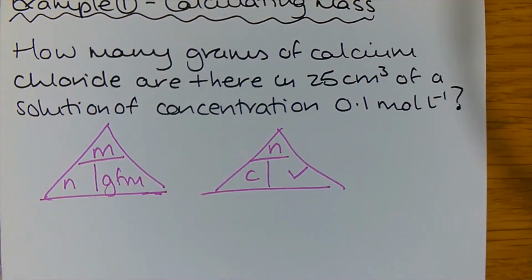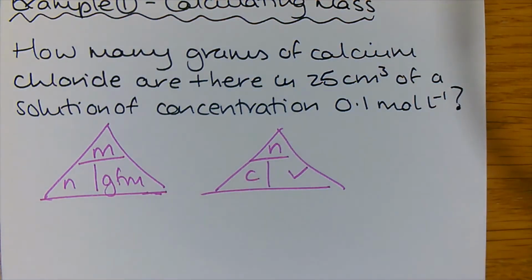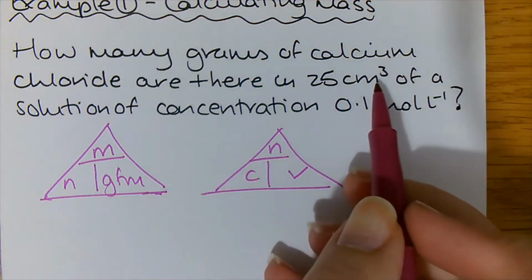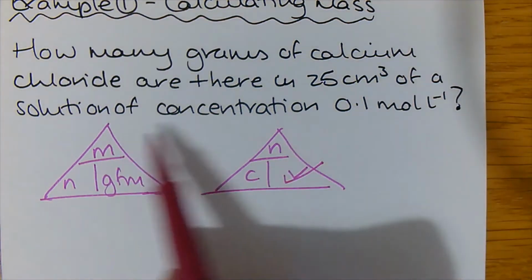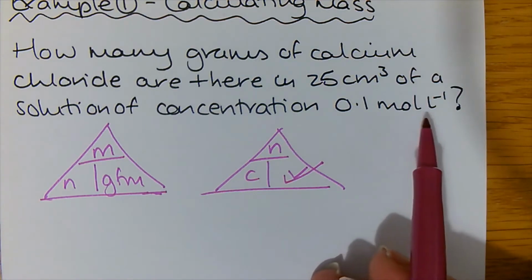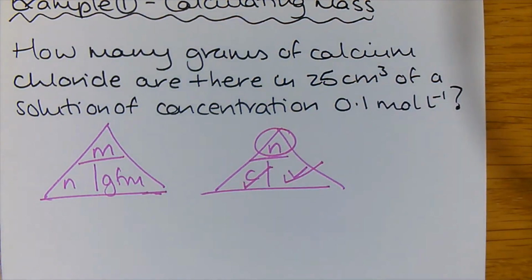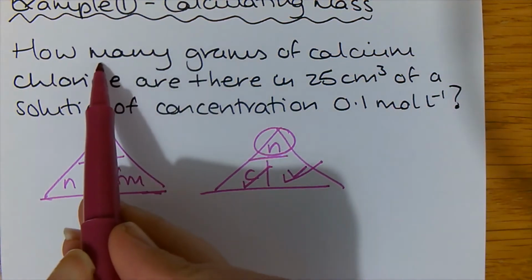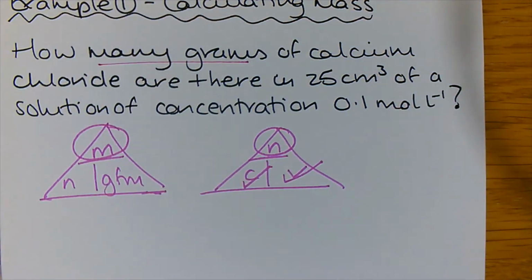And now what we can do is highlight what information we actually have in the text and tick it off in our triangles. So we have 25 centimetres cubed. We'll need to remember to convert that into litres, but we have that, so we can tick it off here. We also have a concentration of 0.1 moles per litre, so we can tick that off. So straight away we can work out the number of moles using our solution triangle. Now, since we want to figure out how many grams, the mass, we can circle that.